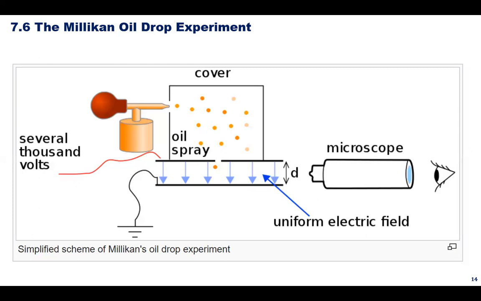A big question was, is there a smallest unit of charge that nature will allow? And if so, what is the value of this charge? So in this section, we will read about a brilliant experiment aimed at answering this question that resulted in the first measurement of the charge of the electron.